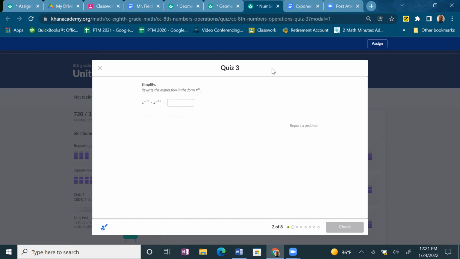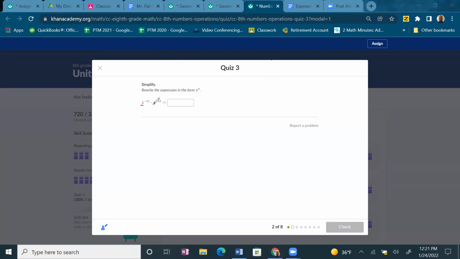Okay, now this is the product rule. That says when we have the same base, the base in this case is the z, we add the exponents. If we saw a fraction, then we would subtract the exponents. And if we saw parentheses, we would multiply. I'm sure we'll see that in the quiz.